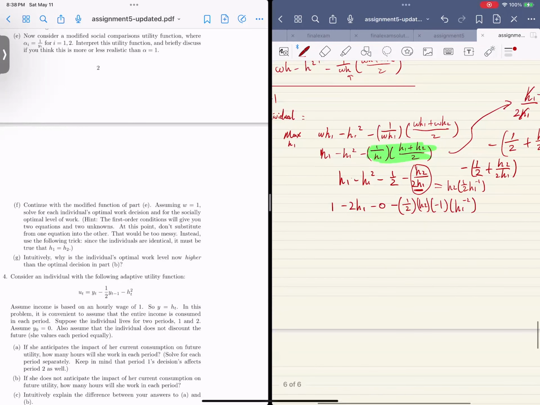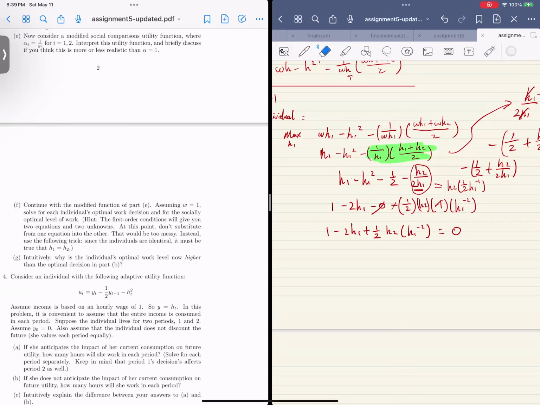Okay, this is correct. So 1 minus 2H1, minus, the negatives cancel out, positive 1/2 H2 times H1 to the negative 2 equals 0.